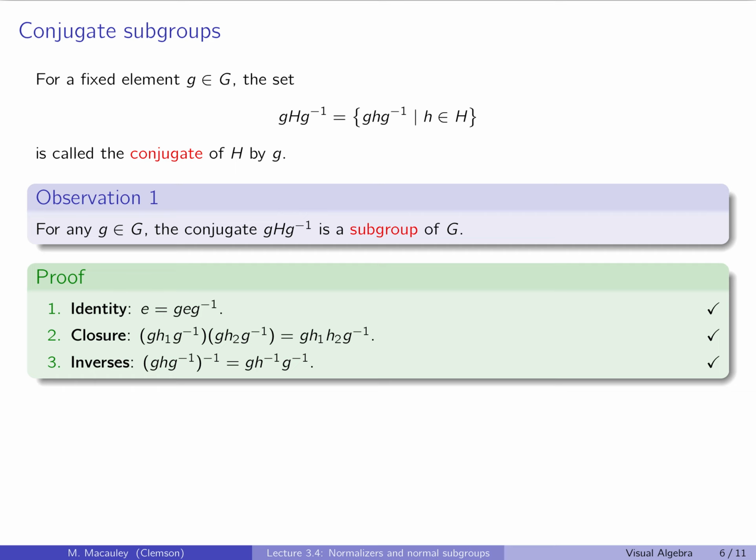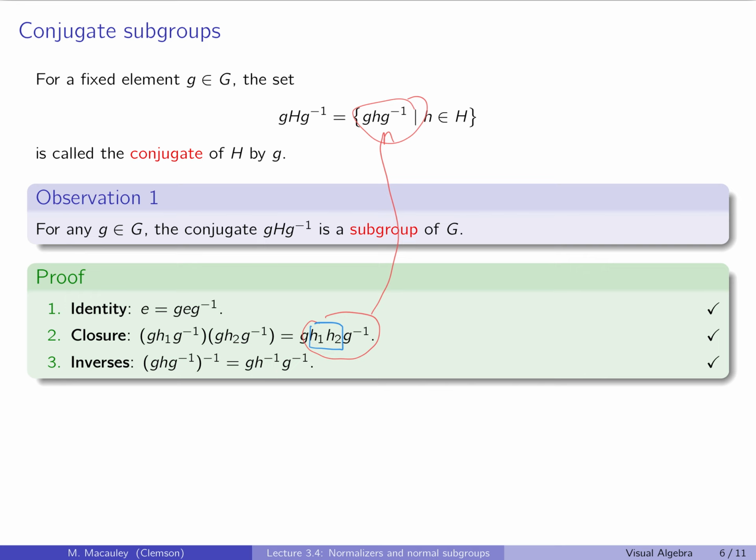What about closure? If we have G H1 G inverse times G H2 G inverse, well, the inner G and G inverse cancel and we get G H1 H2 G inverse. And yes, that has the same form as this. H1 H2 is the element that is in H. And finally, for inverses, the inverse of an element GH G inverse is just G H inverse G inverse.